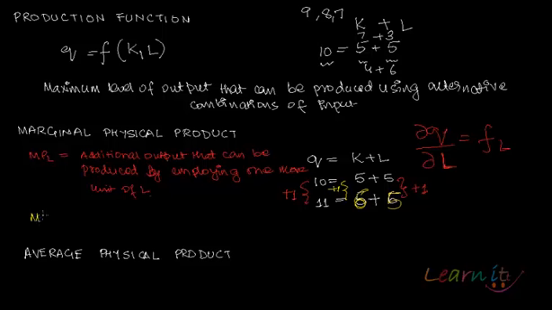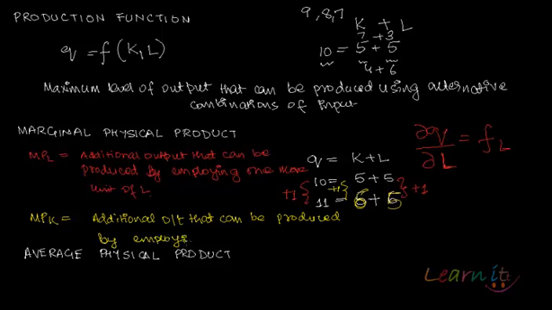So MPK is the additional output that can be produced by employing one more unit of capital.